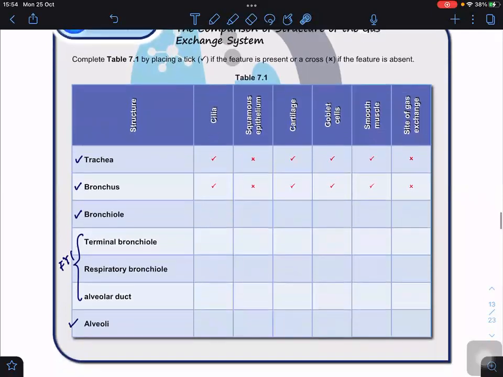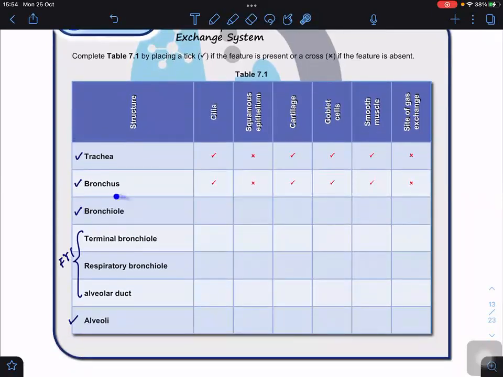How about bronchiole? If I ask you about bronchiole, this is a confusing part because sometimes questions ask about bronchiole collectively as one entire thing. So first, bronchiole, yes, we do have cilia, but the cilia appear on this. At the top part of the bronchiole, the initial part, this is the ciliated columnar epithelium, but it slowly, gradually changes to ciliated cuboidal.